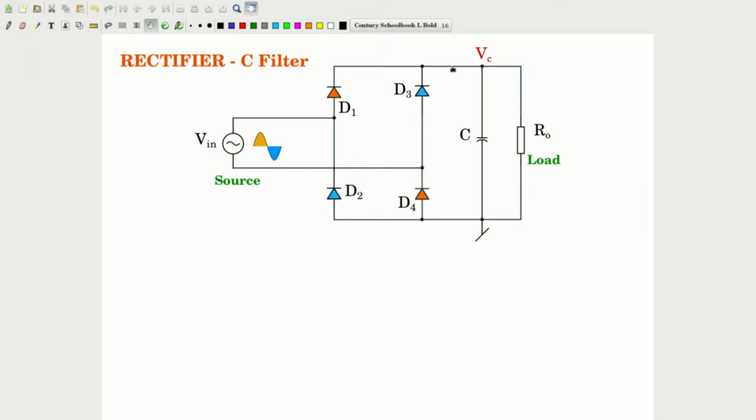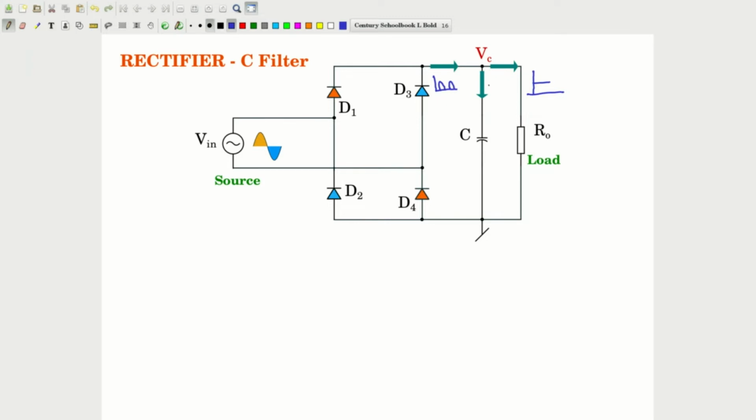Another point of interest, or points of interest, are the 3 currents that flow at this node. This is the current coming out of the rectifier. This is the current that flows into the capacitor, and this is the current that flows into the load. So at this point we expect the current to be a DC, and around here we expect the current to be spiky, peaky current.